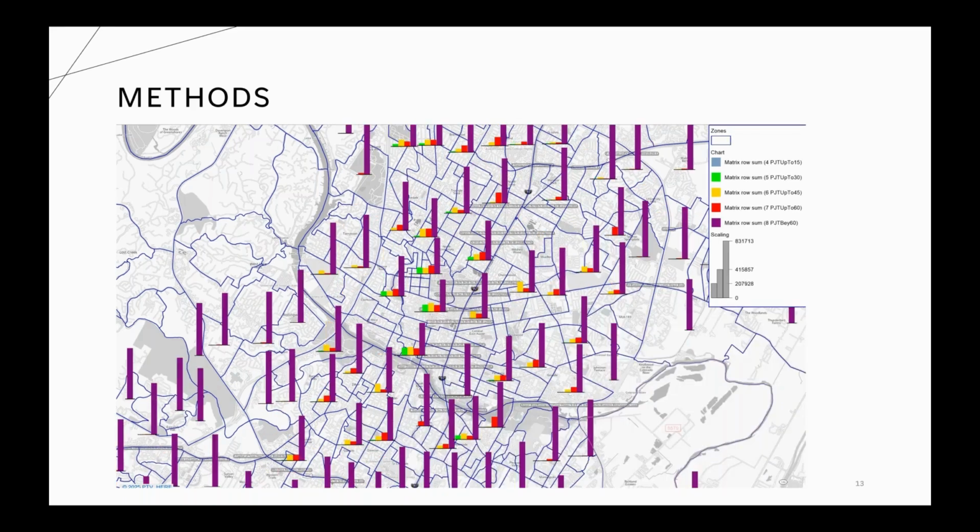And also if we include, for example, in this case, the jobs available beyond 60 minutes, then it impacts the visualization of the other groups. So the two methods together can support each other and support our presentation.